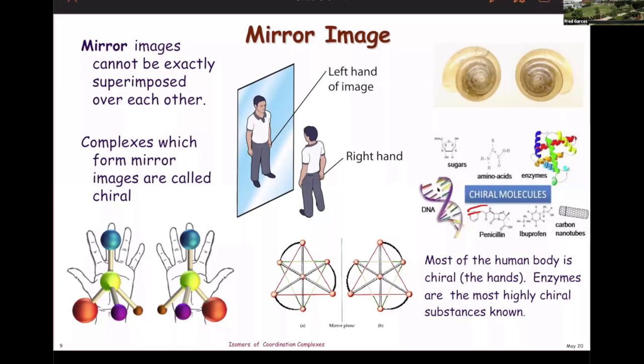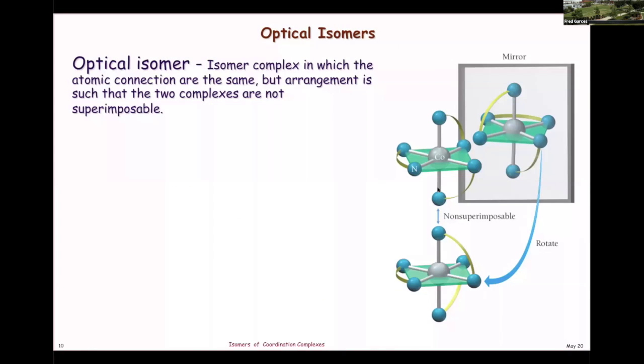Okay, so here is an example of a chiral molecule. This one right here, and its mirror image. The reason these are chiral is because these are ligands right here. These are bidentate ligands.